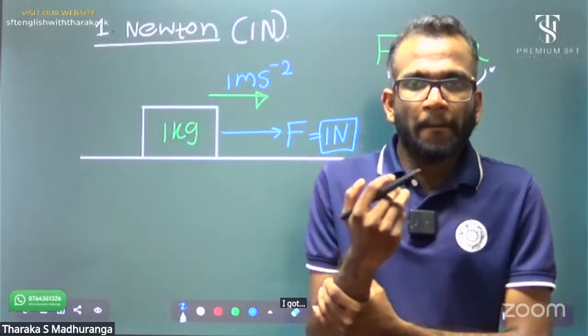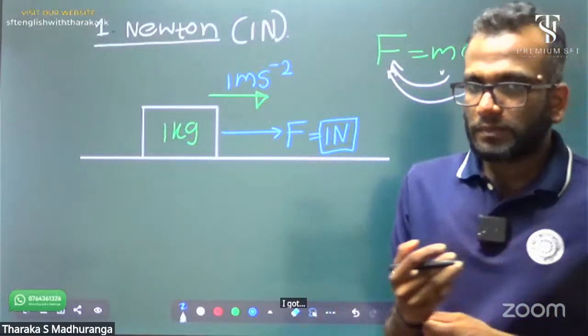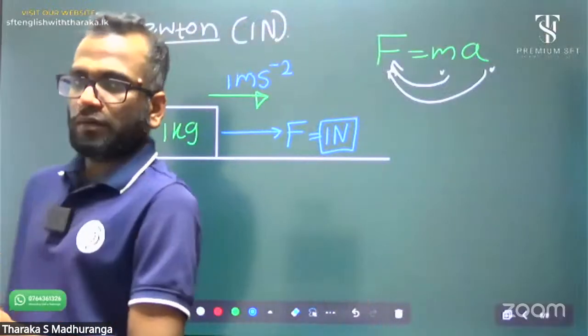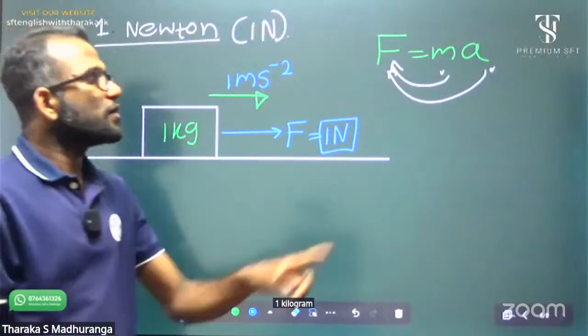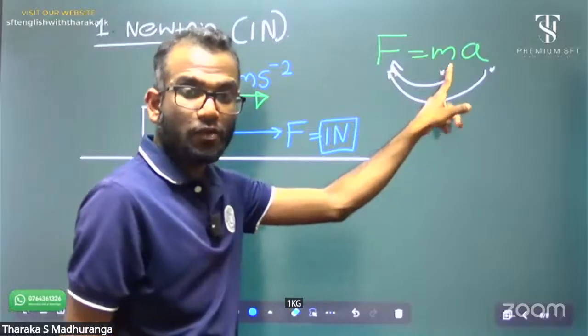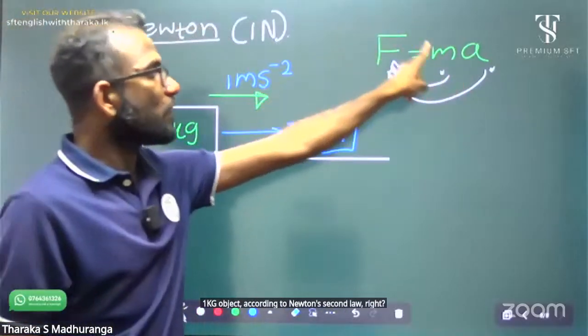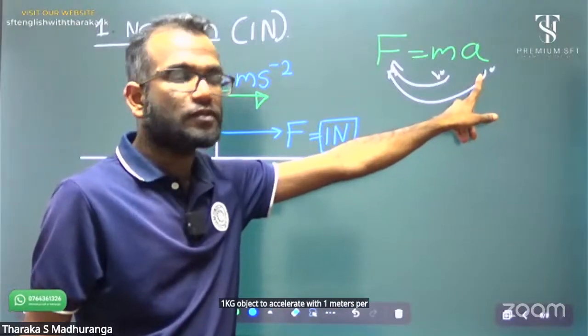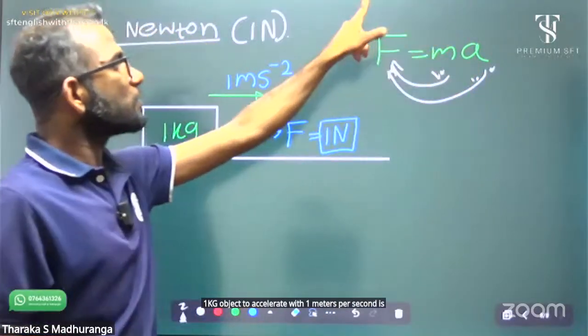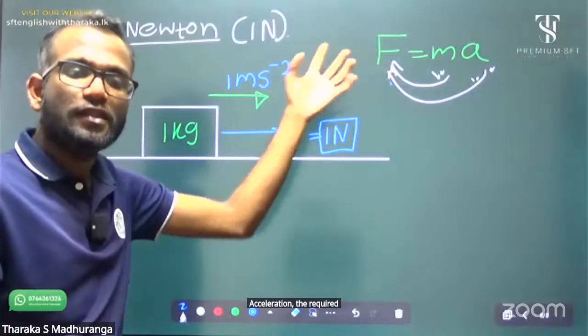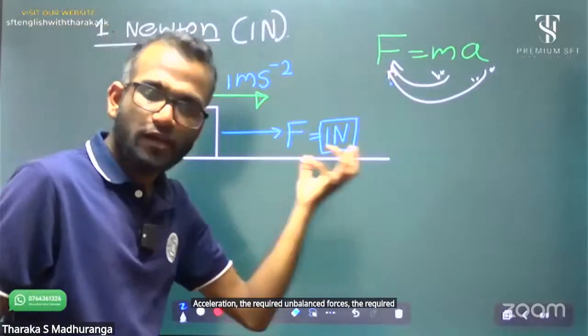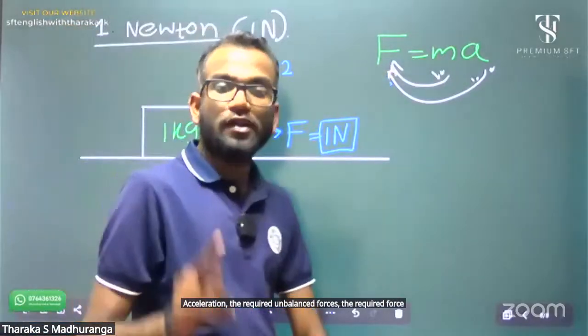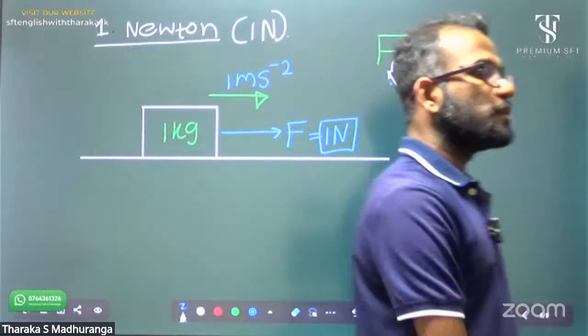According to Newton's second law, for a 1 kilogram object to accelerate at 1 meter per second squared, the unbalanced force is 1 Newton. Okay, write down like this.